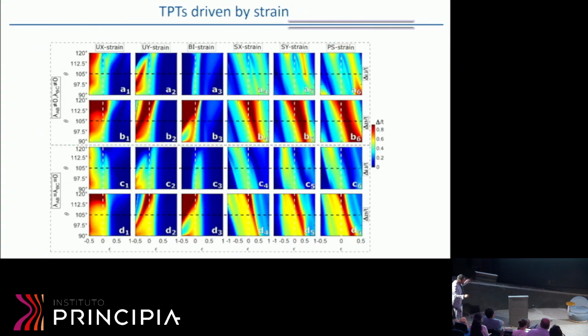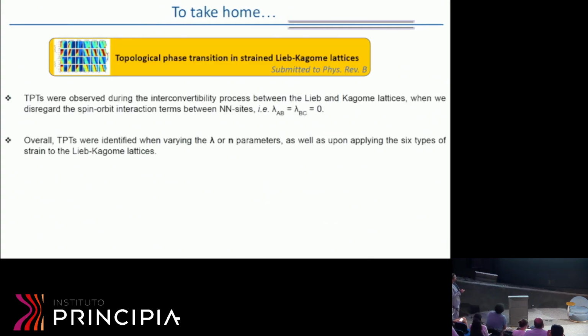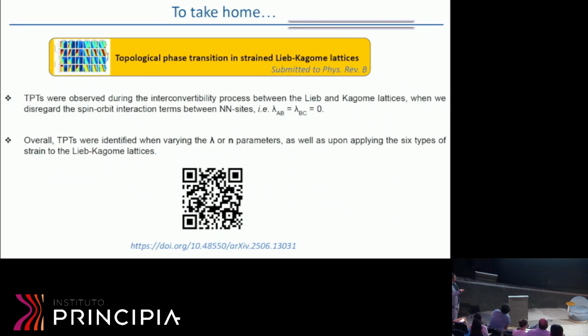So we map the different cases, when you apply strain and tune the spin-orbit coupling, that have a topological phase transition. There are different kinds of phase transitions that my time does not allow me to discuss. With that, I just say that we posted this on arXiv. It's on arXiv.